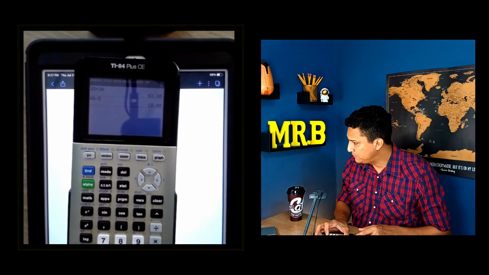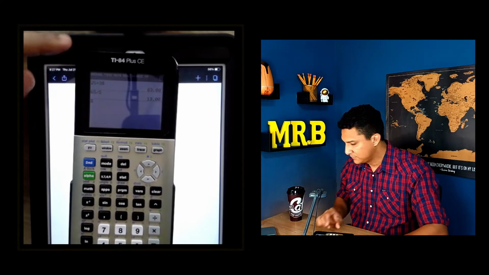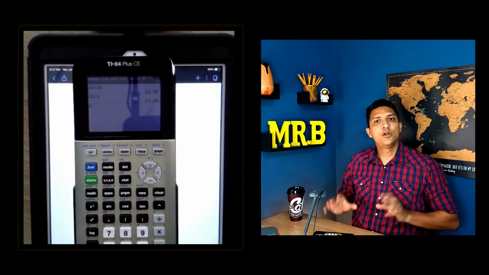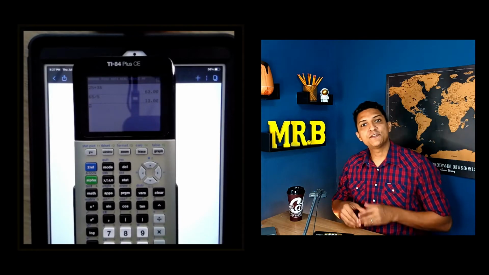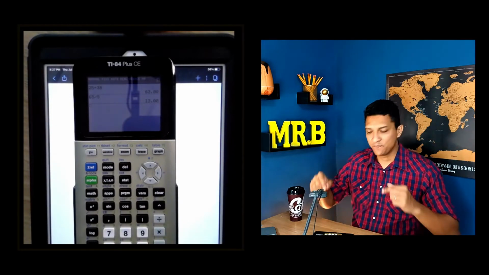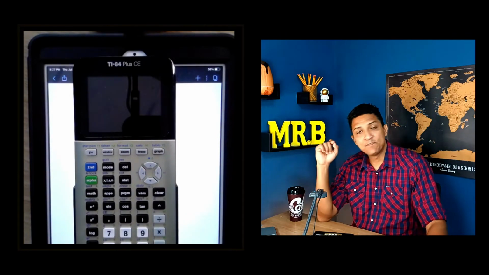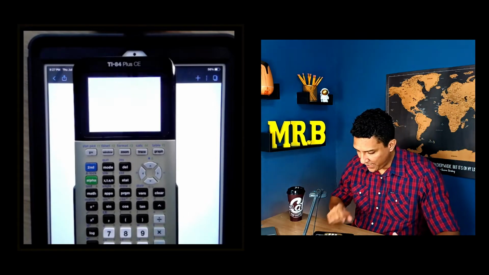In this model, something that I have, I'm going to show it here. I think that you can see it pretty good. Okay, so in this calculator, we have an app where I can solve simultaneous equations by just putting the coefficients of the different variables in the calculator. Let's see how to do that, okay?